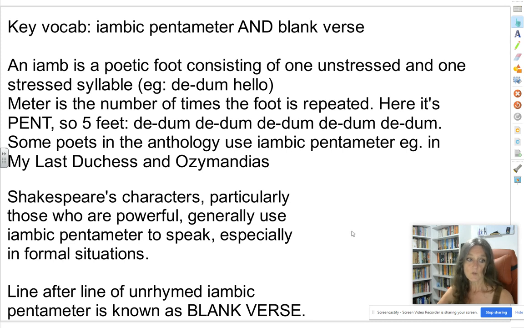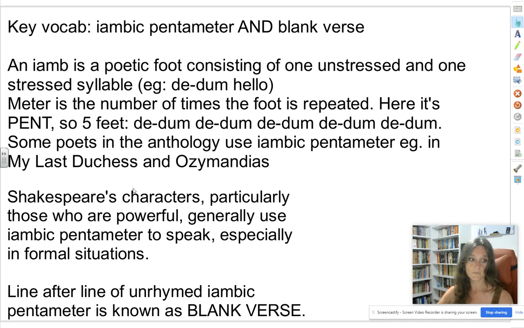So we would definitely not say that My Last Duchess and Ozymandias are written in blank verse, because they both follow really, really tight rhyme schemes. In My Last Duchess, every 2 lines are heroic couplets, and Ozymandias follows the rhyme scheme of an Italian sonnet.